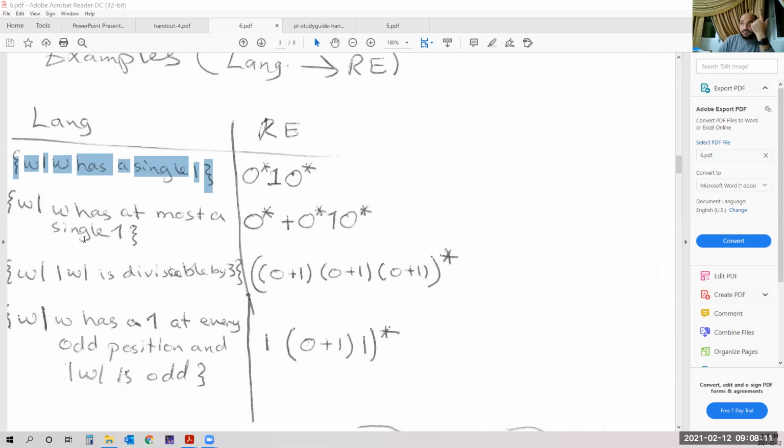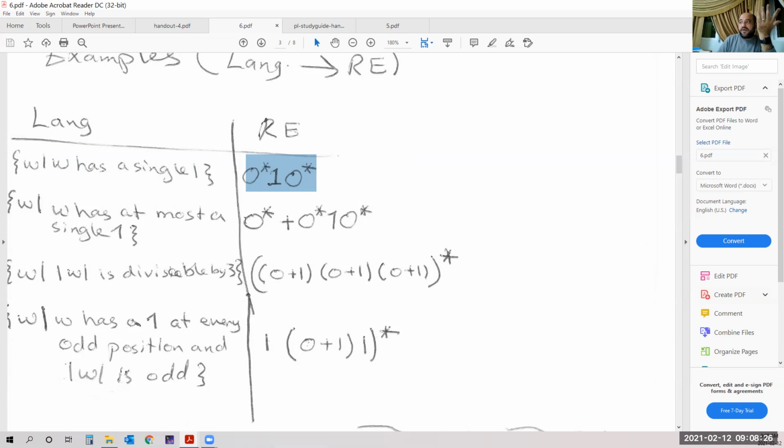Now, if I have a language that consists of strings W where W has at most a single 1. Since it has a single 1, it is this one. But here we said at most, which means it could have a single 1 or not.